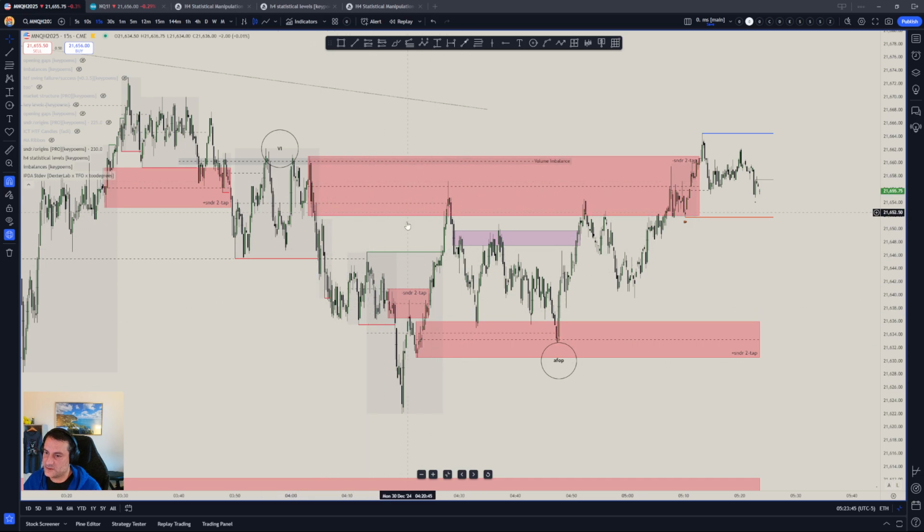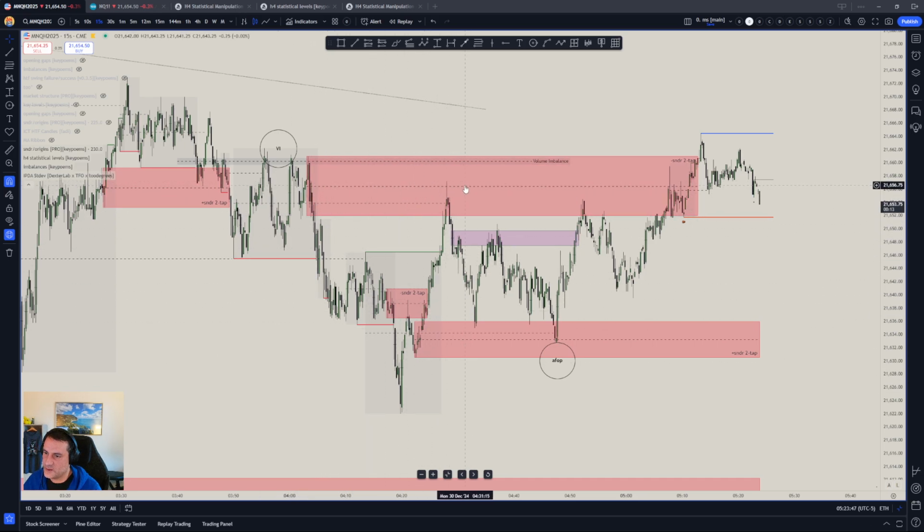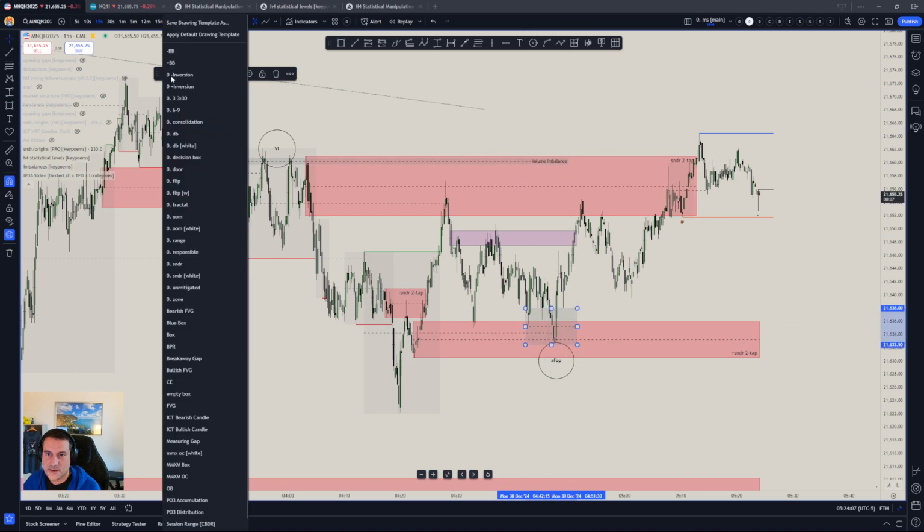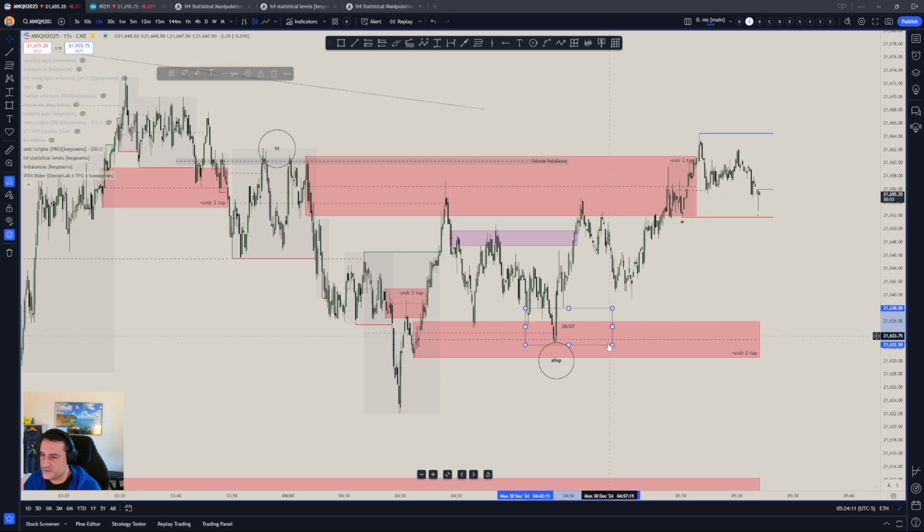And then there's a battle. So we come up, we wick 50%, we can't close above 50%. We come back to retest the area responsible for creating this bullish flip. We come back to test it twice with a double bottom. That's the signature that we look for major expansions, right?